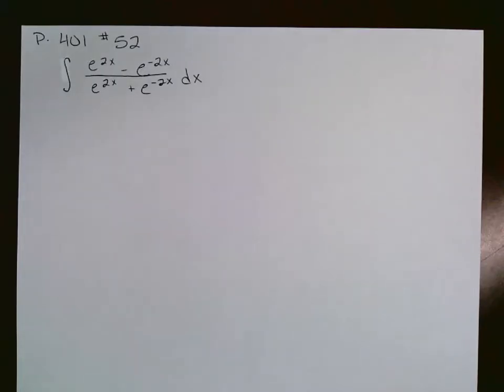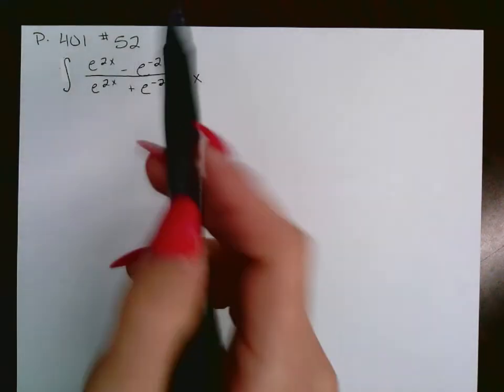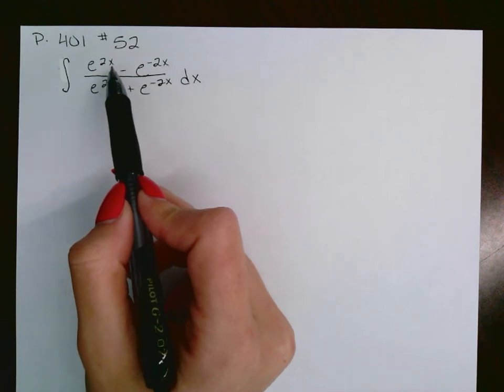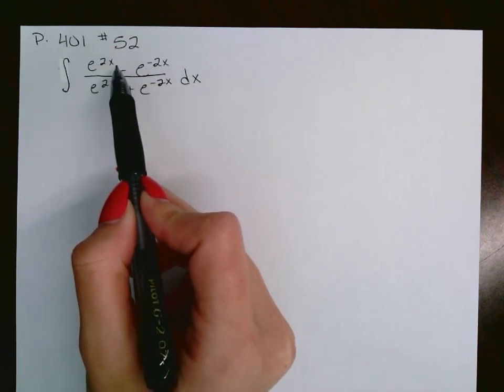Now, this next question is on page 41. It's number 52. Believe it or not, it was even one of your homework questions. Okay, so this one is a little trickier. Hopefully your thought process starts by e to the x. It's an exponential function. So if I am working as an exponential function, then my u is just the 2x, right?